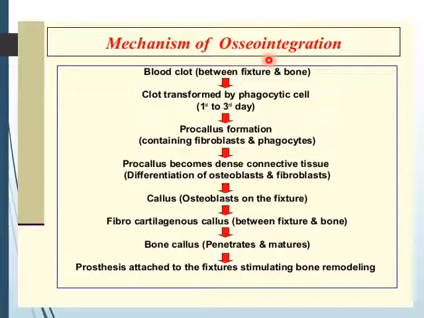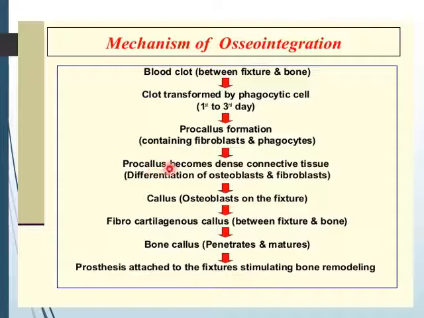Mechanism of osseointegration. Blood clot formation between a fixture and bone first, then the clot is transformed by phagocytic cells like macrophages, from 1 to 3 days after implantation. Procallus formation containing fibroblast and phagocyte cells.